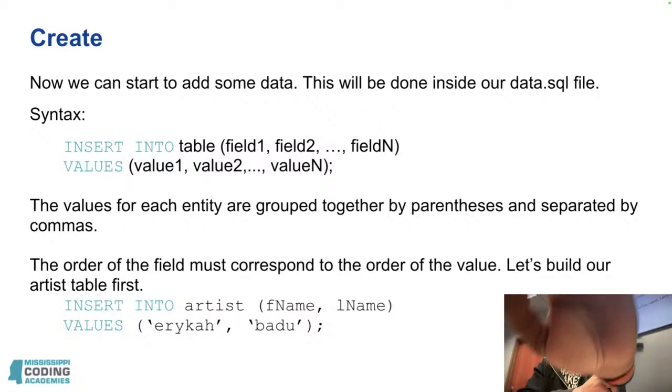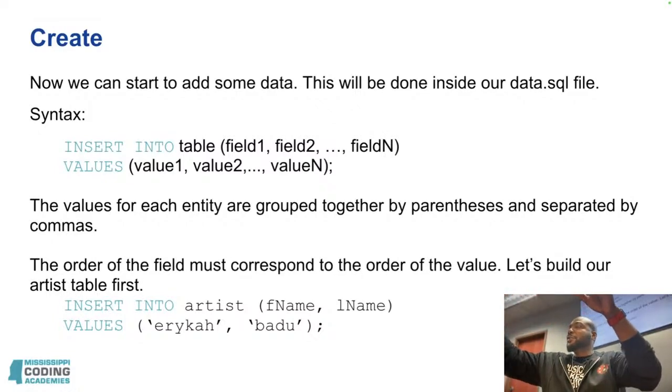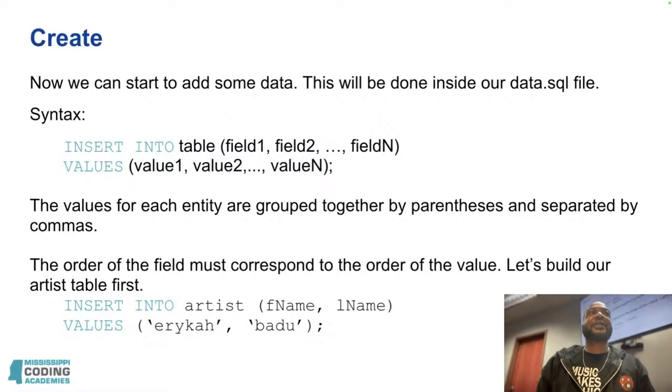In other words, insert into this table, for these particular fields, these values. The values for each entity are grouped together by parentheses and separated by commas. As you can see here, each field and each value is separated by commas, and they're grouped inside of parentheses. And the order of the fields must correspond to the order of the values.